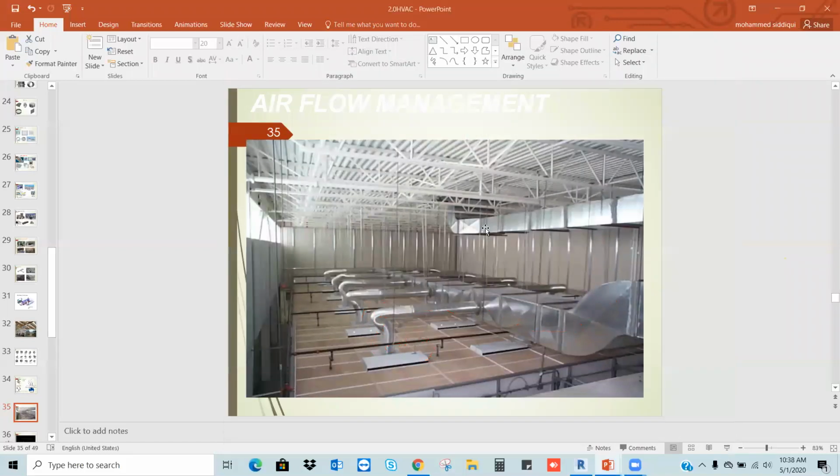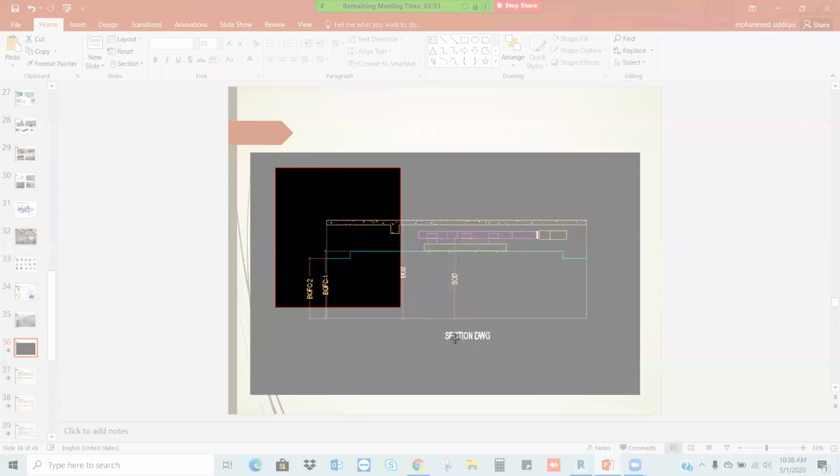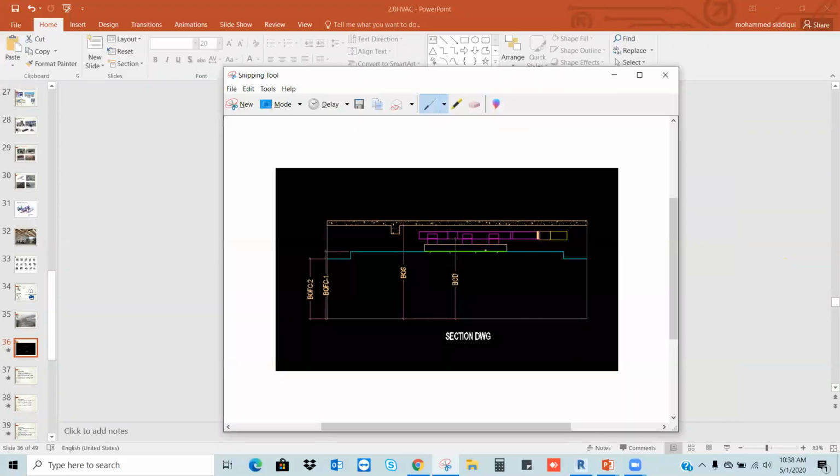This is a simple concept about HVAC. And before starting the HVAC, we should think about the height of these buildings. Let's say we should always think in the section way. Now everybody can understand what a section is. If you cut vertically, we will get the section.